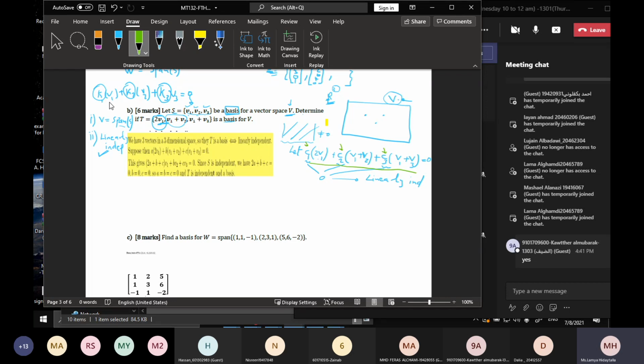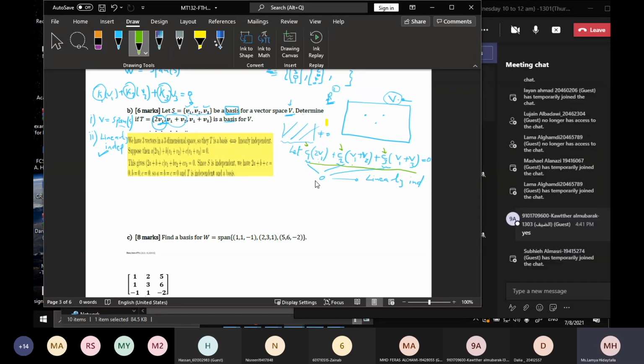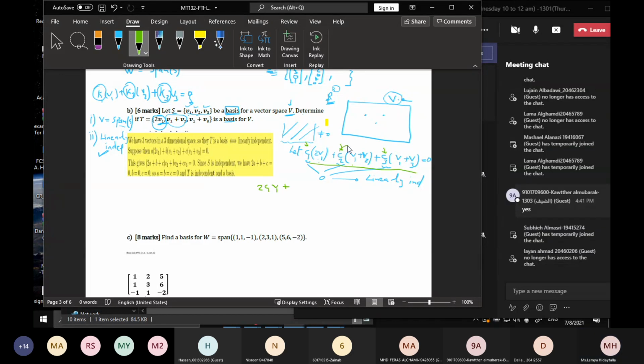I will take everything that has V1 together and put it as a common factor. So I'll have 2C1V1 plus, multiplying out, C2V1 plus C2V2 plus C3V1 plus C3V3, and this is equal to 0.